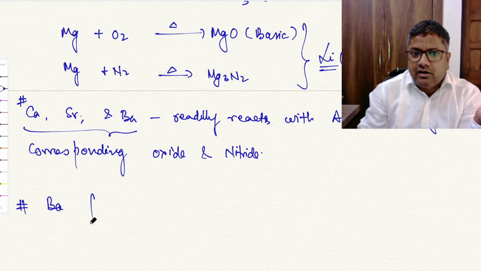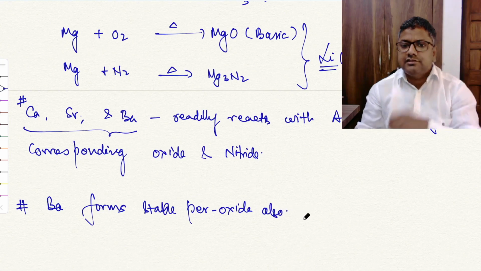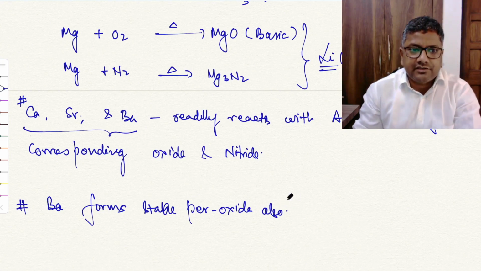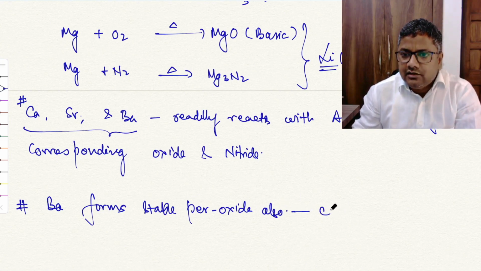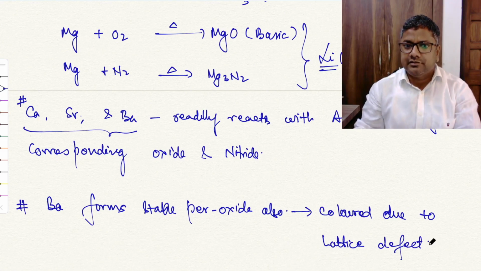So barium forms stable peroxide as well, right? And these peroxides are usually colored due to the lattice effect. Right?